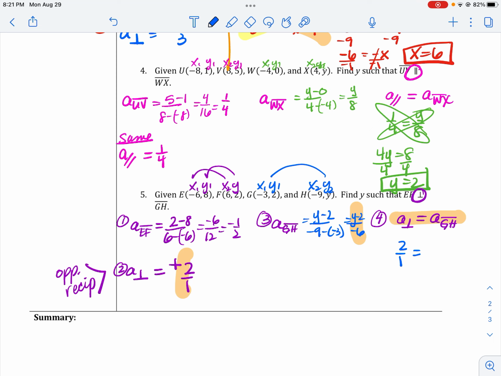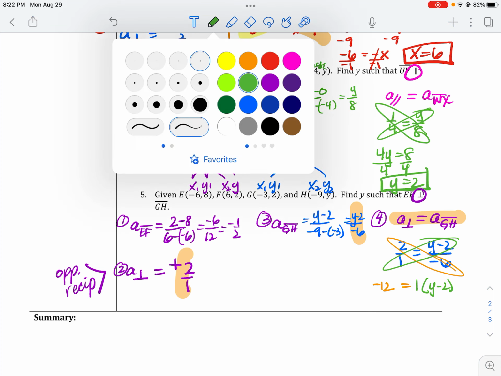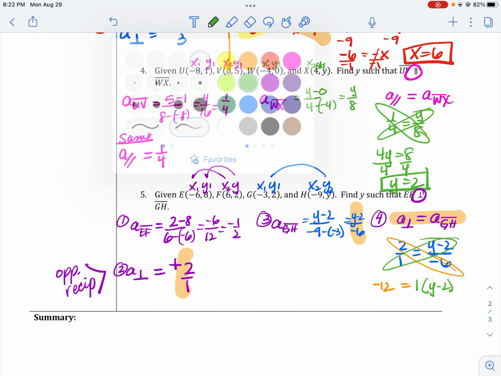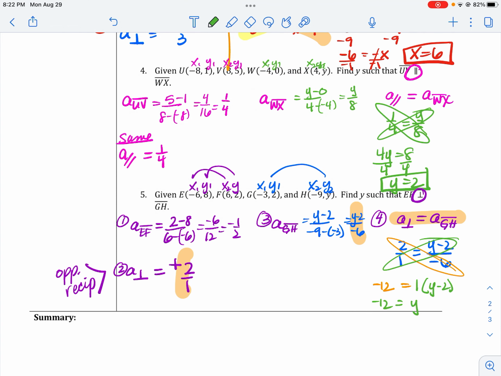The expression that I got for my other one was y minus 2 over negative 6. So we multiply this and get negative 12. And then we multiply this one and get 1 times y minus 2. So that we simplify, that's negative 12 equals y minus 2 when I distribute. And then we add 2. Negative 10 is y.